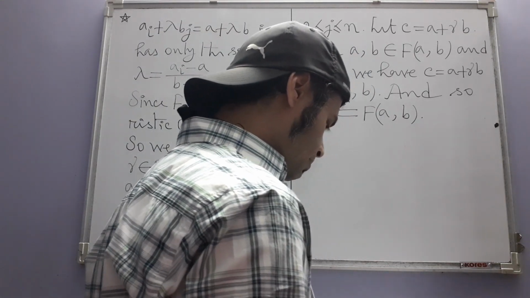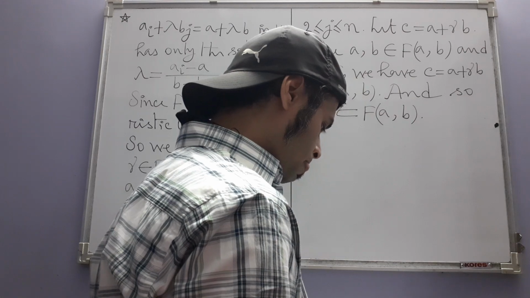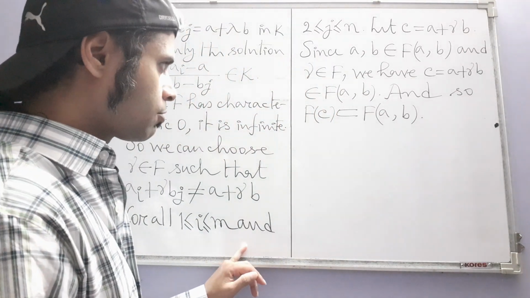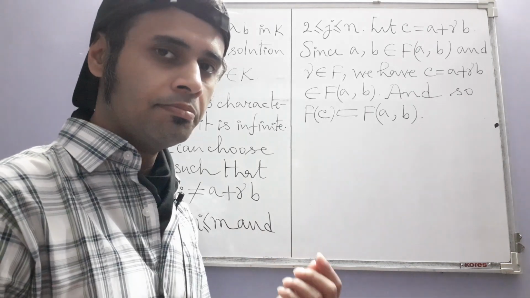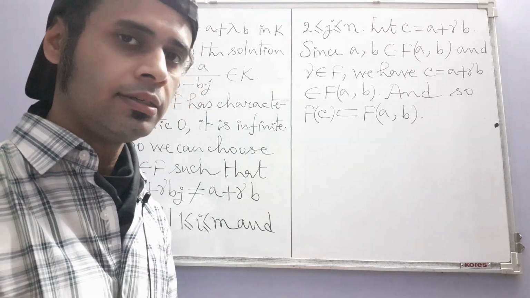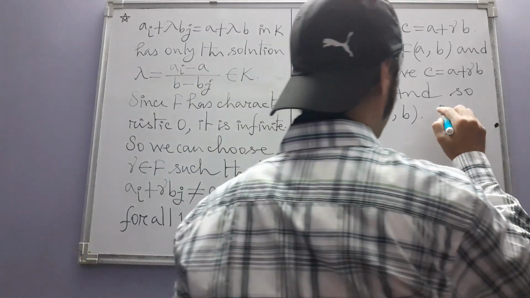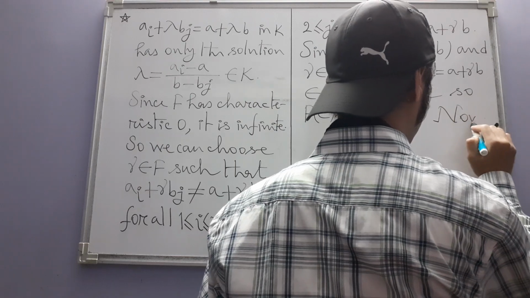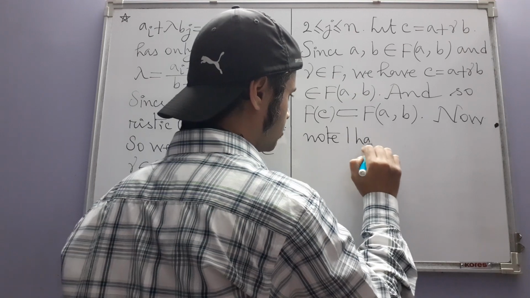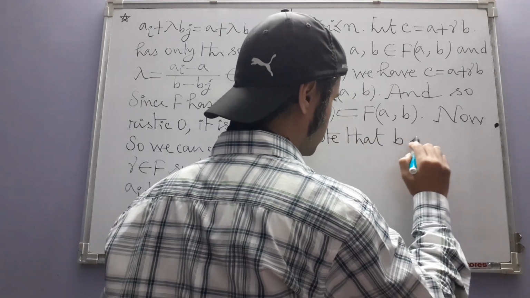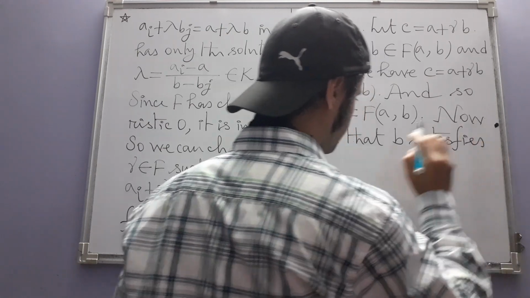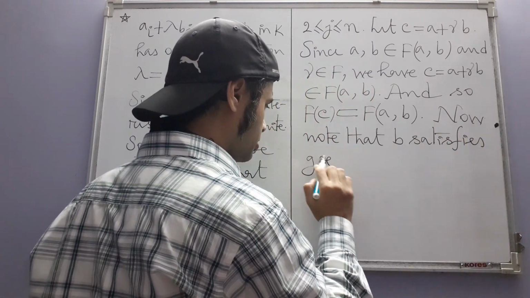And for that, now we are going to look at the fact that B satisfies the polynomial Gx, but slightly differently. Note that B satisfies Gx.